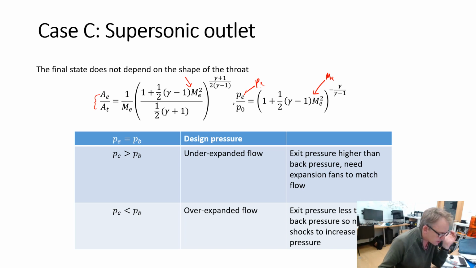So they have to be obviously consistent. If you're given the exit area and the throat area, then you can find out what the exit conditions are going to be.